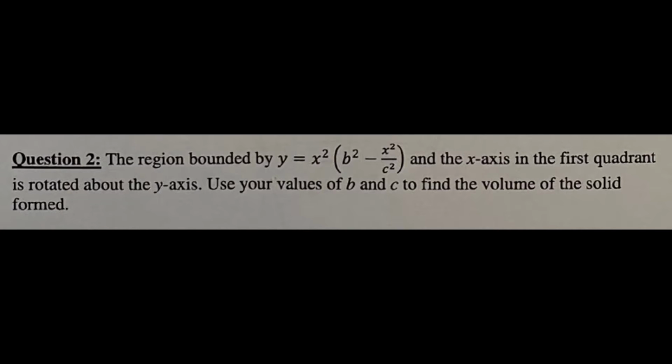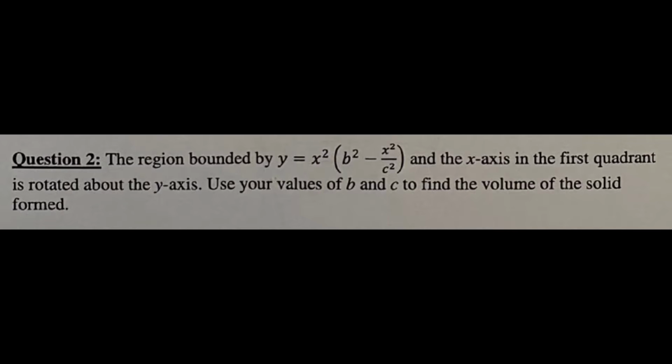Here I'll work through question 2, which says: the region bounded by y equals x squared (b squared minus x squared on c squared), the region bounded by that curve and the x-axis in the first quadrant, is rotated about the y-axis. Use your values of b and c to find the volume of the solid formed.